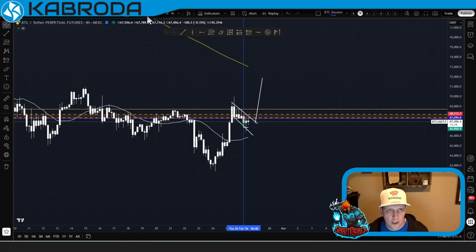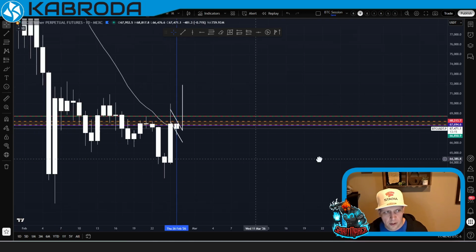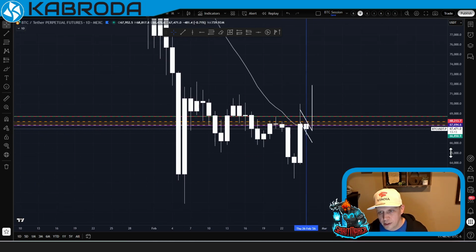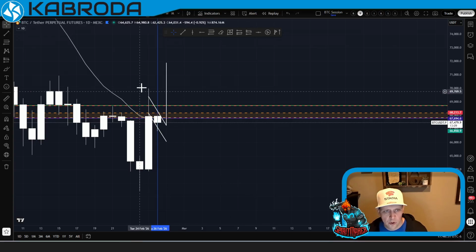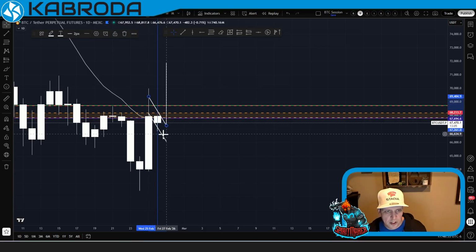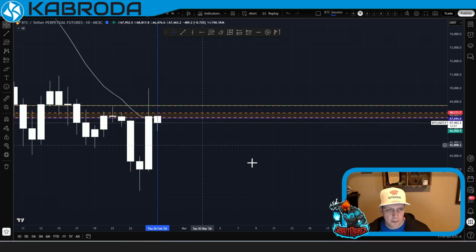That's getting strong. The other thing I'm going to point out real quick here is where is that 21 on your daily? So where is it sitting, and what do we really want to see in this? What we want to see is your daily 21 with price action above it.